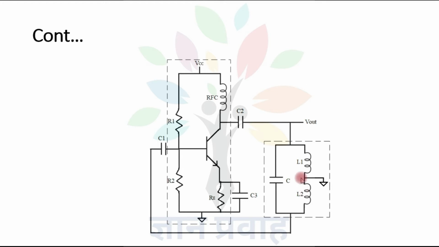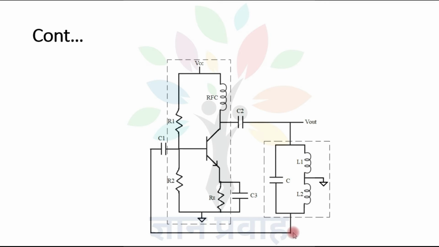Then again L1 and L2 are discharging and C will be charged. So charging and discharging of capacitors and inductors inside this tank circuit provide the oscillations, and this circuit provides the 180-degree phase shift.